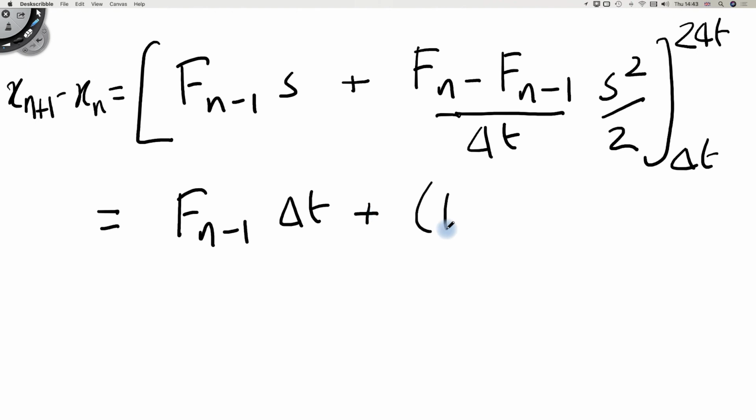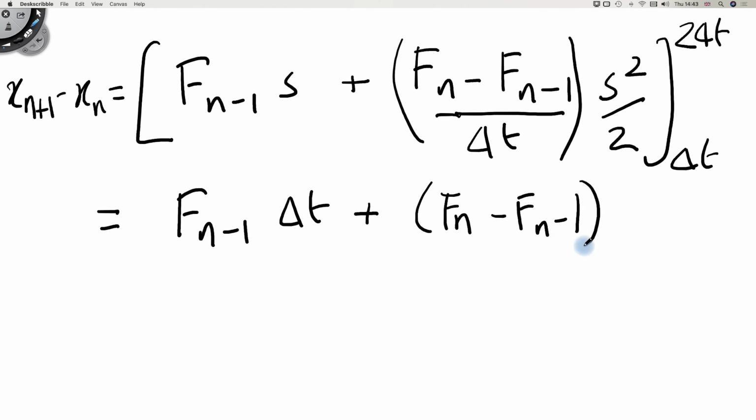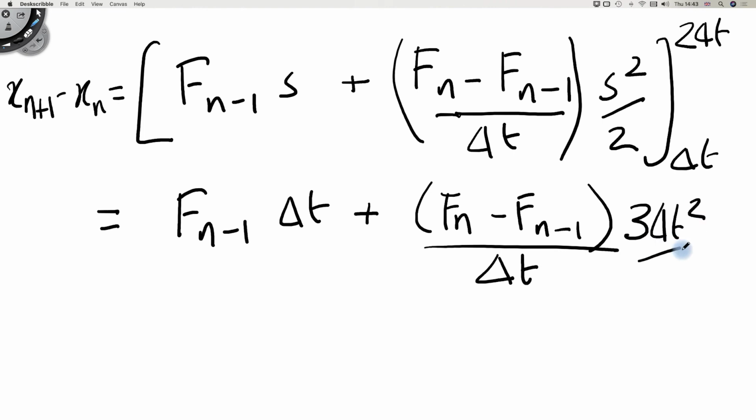And then let's put these in brackets again: (f_n minus f_{n-1}) on delta t, and we've got 2 delta t squared, which gives us 4 delta t squared minus 1 delta t squared, so that gives us 3 delta t squared on 2.